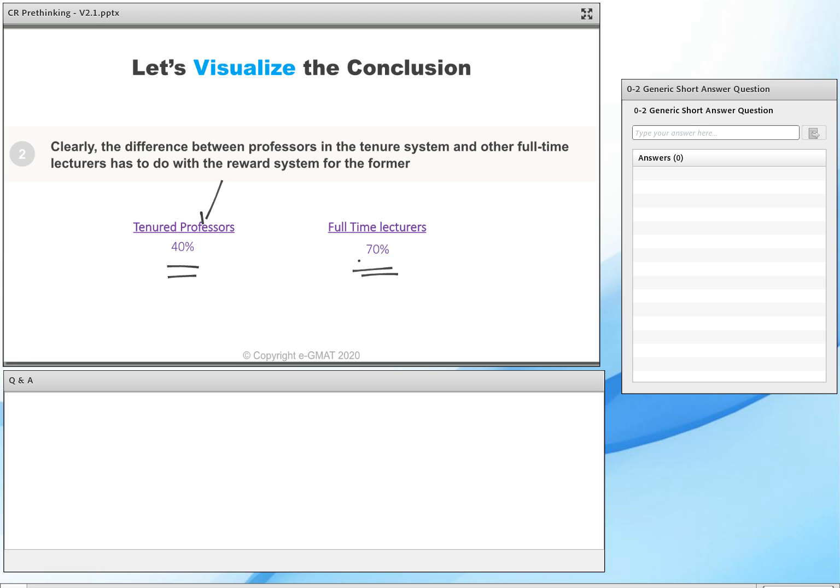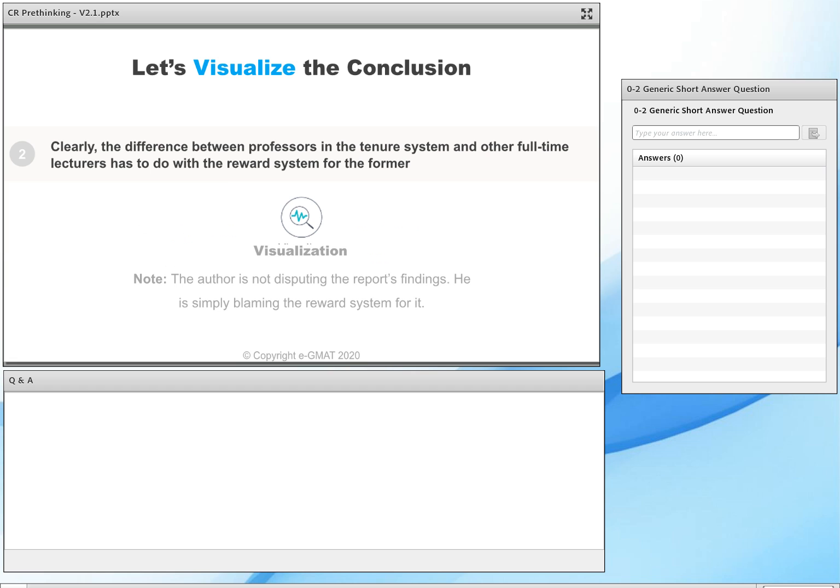It says, hey, because this reward system pays less emphasis over there, that's why tenured professors don't do as good a job.